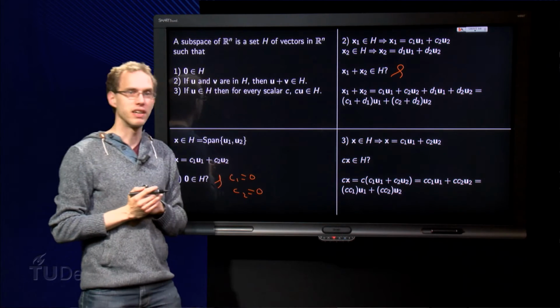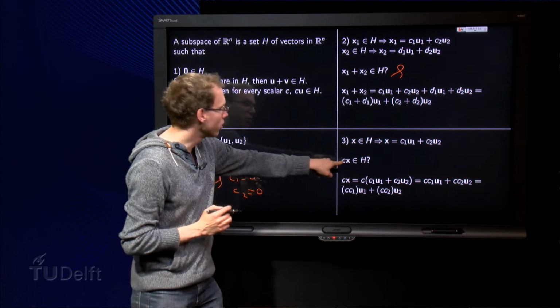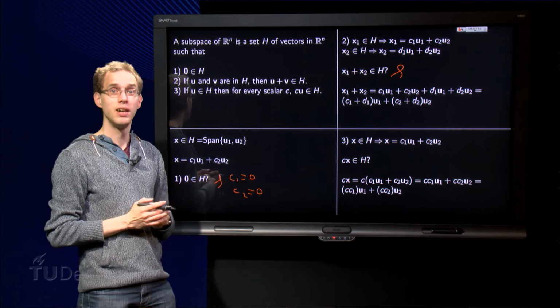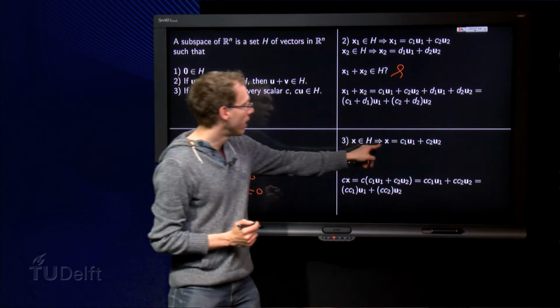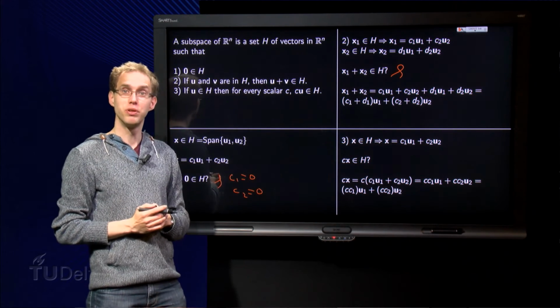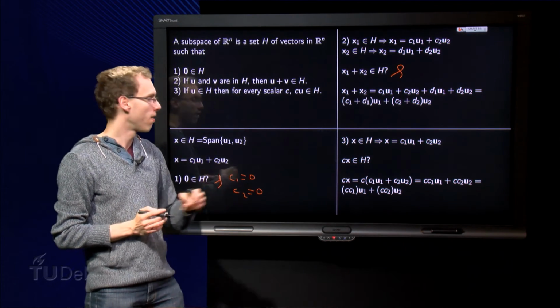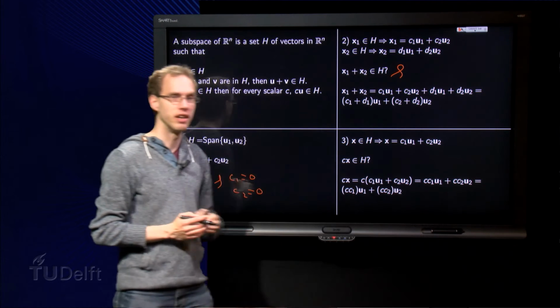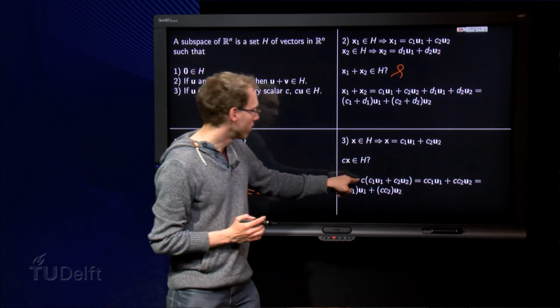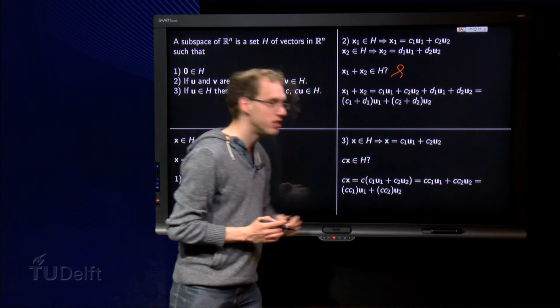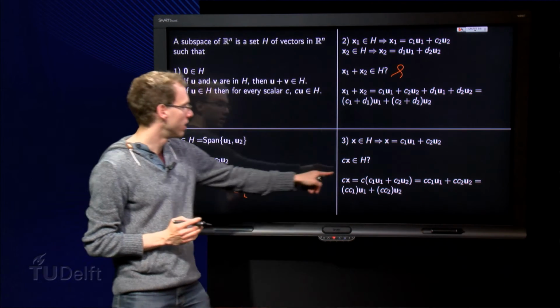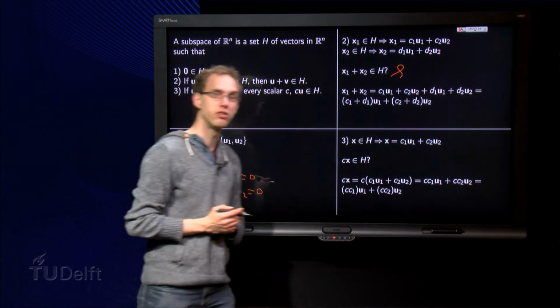If I have a vector in H, is any multiple of this vector also in H? Well, let's see. x has to be a linear combination of u1 and u2. And what do I get if I compute c times x? Well, we get c times the linear combination. Work out the brackets: c times c1 times u1 plus c times c2 times u2, second term.